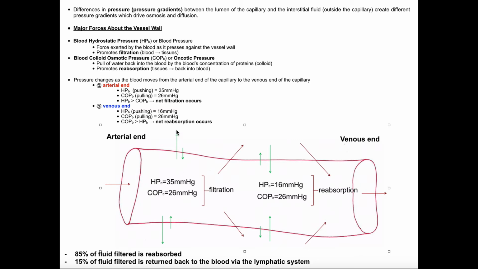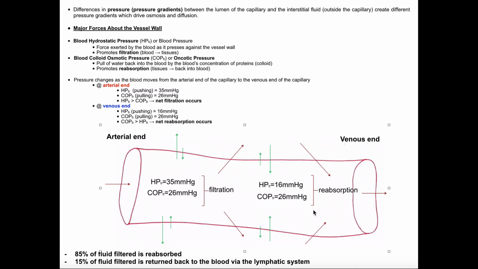And then we have another force or pressure called blood colloid osmotic pressure. We abbreviate this COP with a subscript B. Sometimes this is called oncotic pressure. Now, this pressure tends to move in the opposite direction. So inside the capillary right here, we have proteins, such as plasma proteins like albumin and so forth.